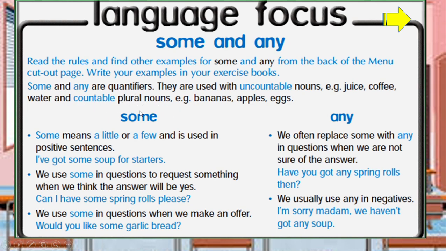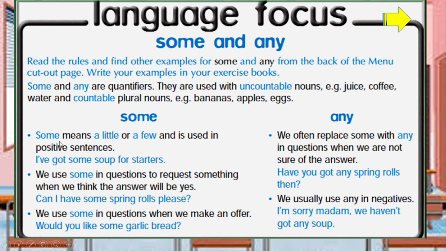For example, bananas, apples, eggs. We cannot use them with singular. We have to use them with plurals only. So let us look at the rule now, students.